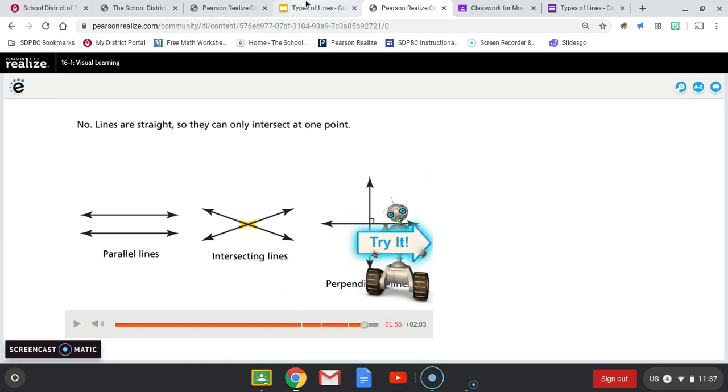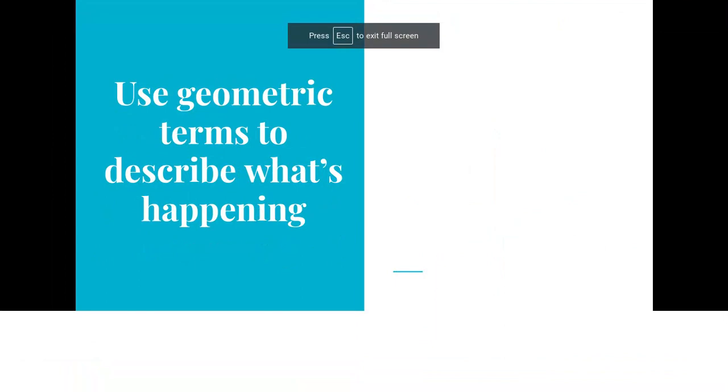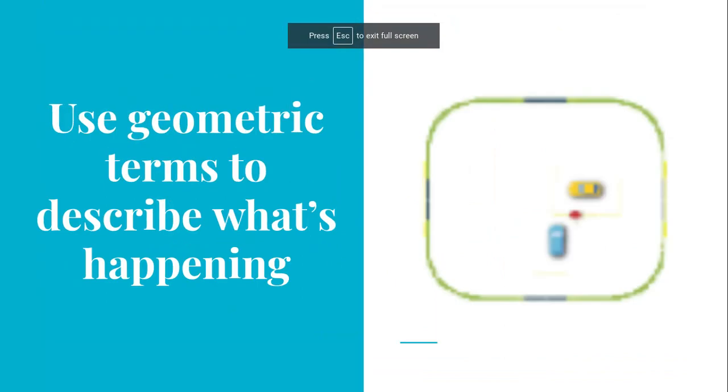Okay, all right, let's go back to our presentation. I know these are kind of hard to see and they're a little bit blurry, but we're going to use geometric terms to describe what's happening. So we have 2 cars right now. What you're supposed to imagine is that the blue car is going to continue straight and the yellow car is going to continue straight. What would happen?